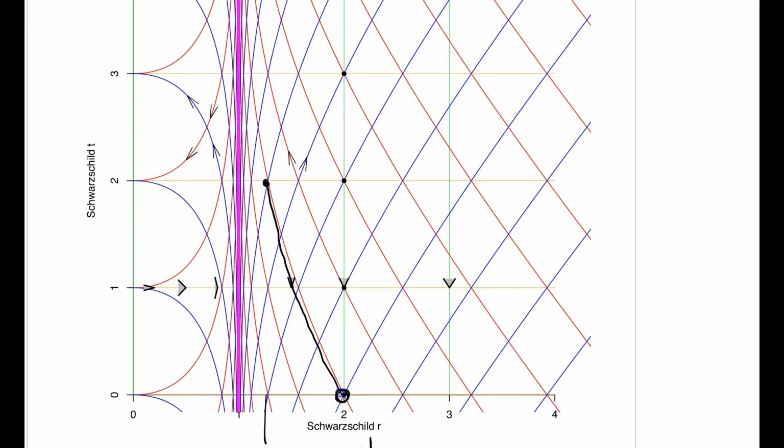So at radius 2, Schwarzschild time 0, sends out a signal, and it gets picked up here. At r equals 2, you wait 1 unit of time, and you send another signal in. What I'm saying is that these time differences are equal.